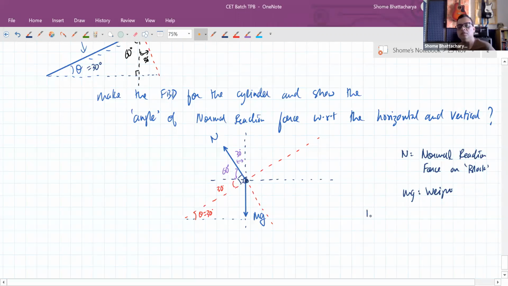So the normal reaction is at 60 degrees with respect to horizontal, or that is the same thing as 30 degrees with respect to the vertical.